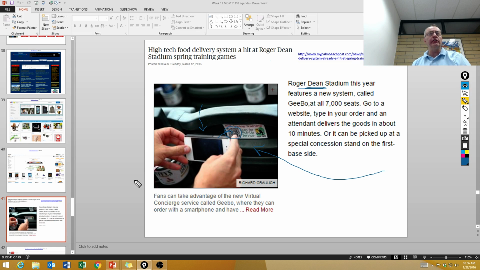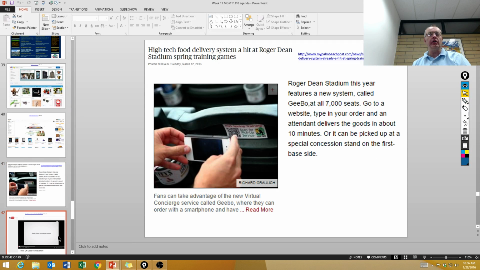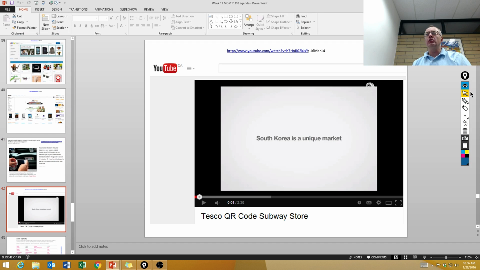Then I have one more that's kind of curious. I haven't seen it in Canada myself personally, but I do know that it's been experimented with in Canada, and it's QR code shopping. So what it is, it's a virtual shopping mall. So in Moodle here, I've got an example of one, and the one in Moodle is in South Korea.